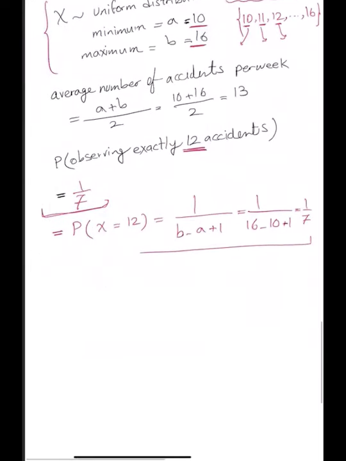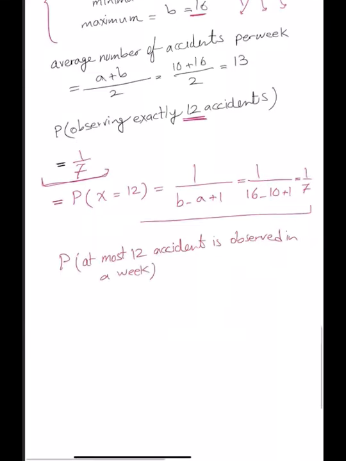Tell me, what is the probability that at most 12 accidents is observed in a week? Three out of 7. Exactly. When I say at most 12, that means the maximum is 12, but 10 accidents is also accepted, 11 accidents is accepted, 12 accidents is accepted, but 13, 14, 15, 16, they are not accepted.